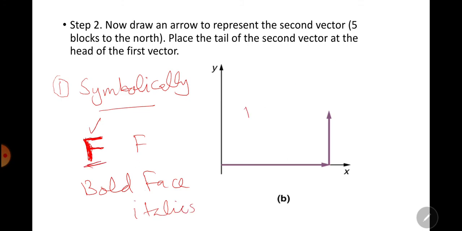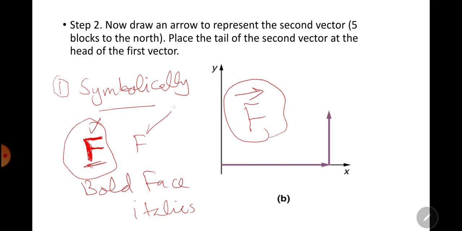Or by writing f and putting an arrow over it, so it represents a vector quantity, while this one does not. If you write v, it means speed, but if you write v in bold face, it means velocity, a vector quantity.